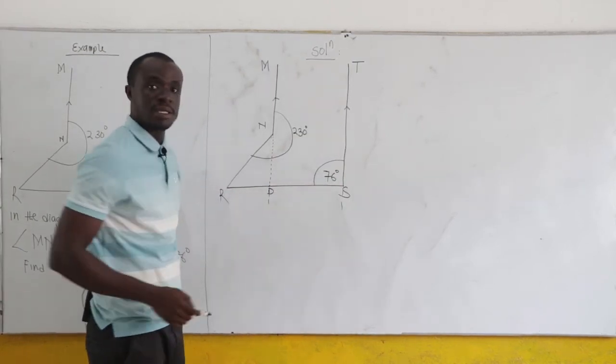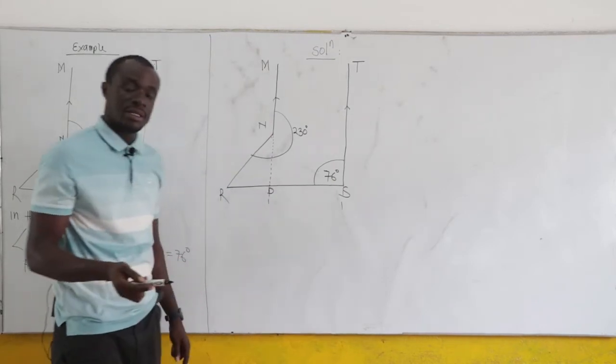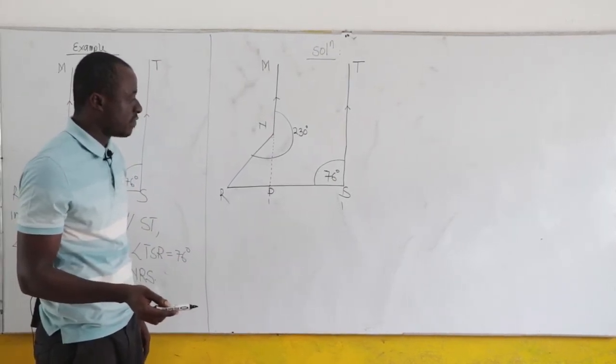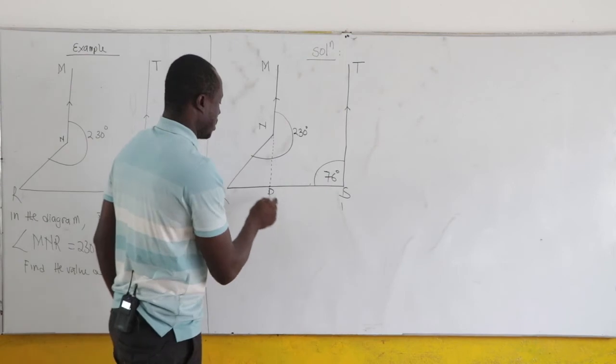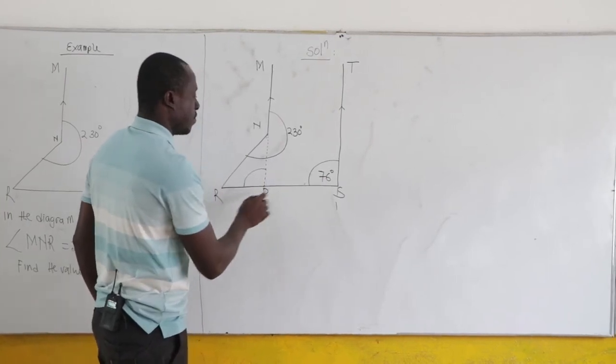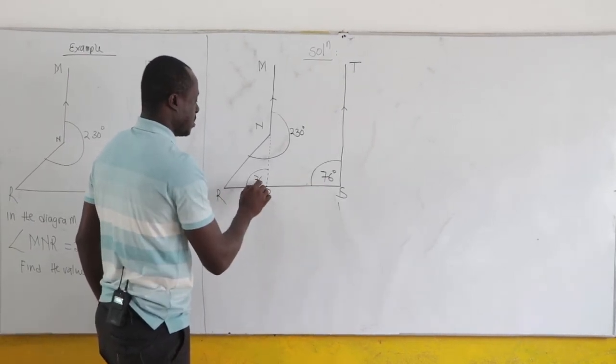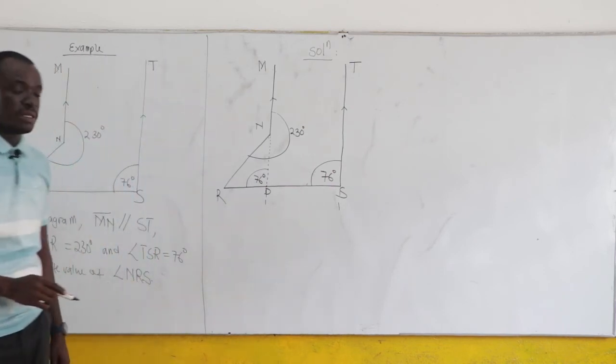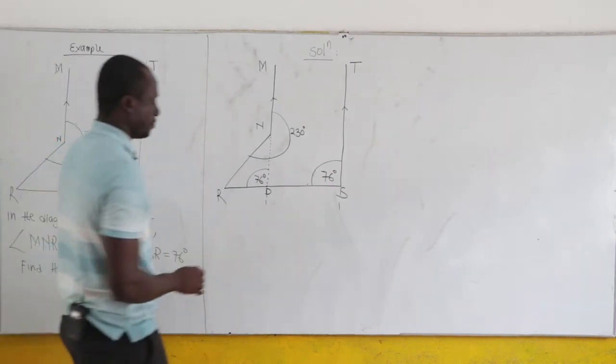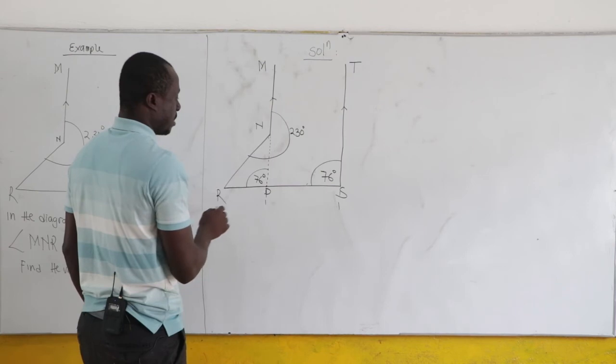You can say PS or RS is a transversal. And if it's a transversal, the angle here is corresponding to the angle over there. So if this is 76, the angle here too is 76 degrees. Now, I know I'm having a triangle here.